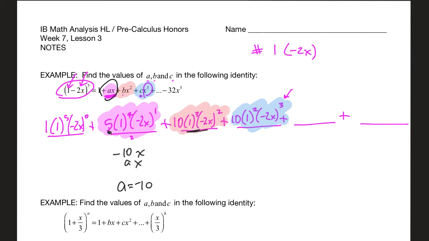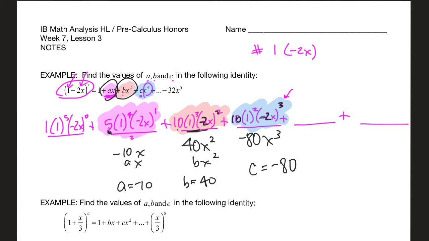For this blank, negative 2 squared is 4, times 10 makes 40x squared, so B is 40. For this last one, negative 2 to the 3rd is negative 8, times 10, is negative 80x to the 3rd, which means C would be negative 80. Okay, so let me scoot this up.